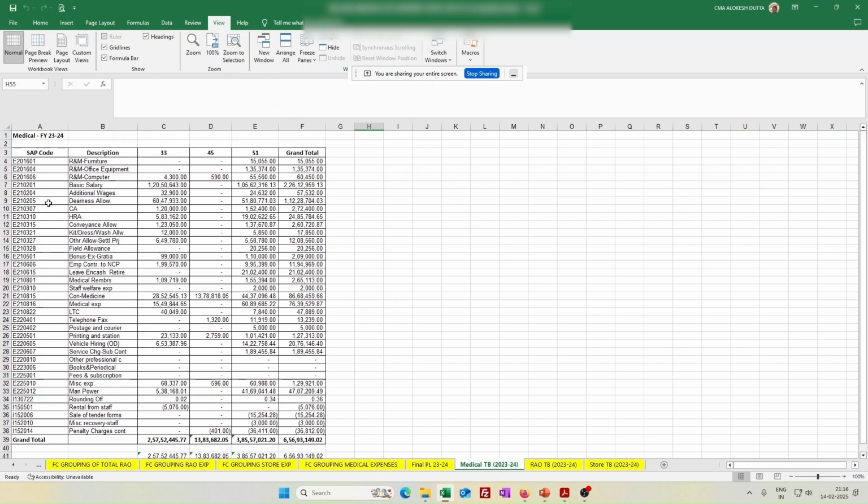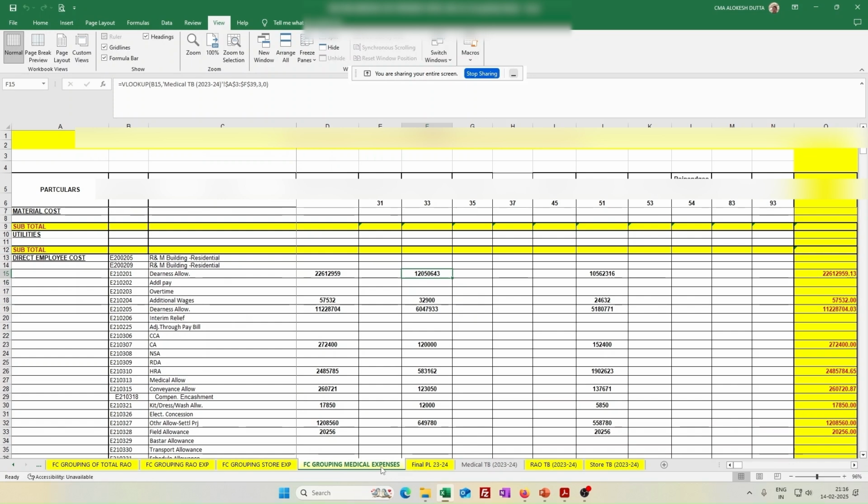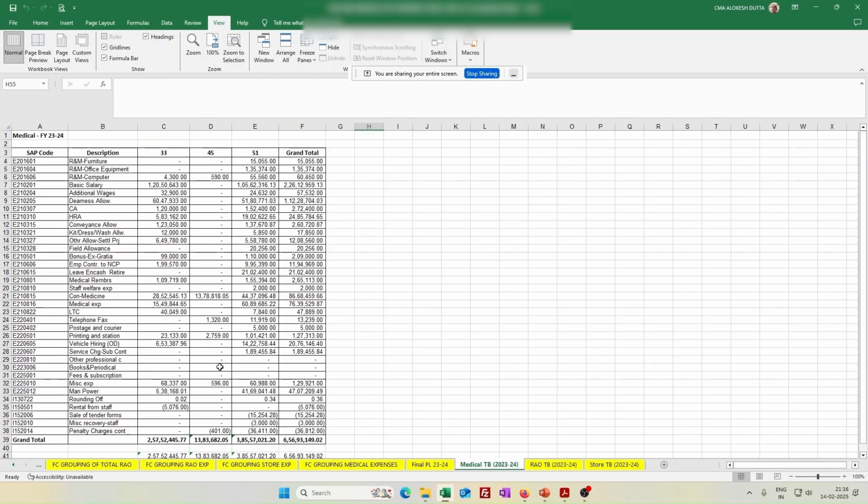210201. This is the basic salary. 33, 35, 41. 33 is there: 120,50643.00.